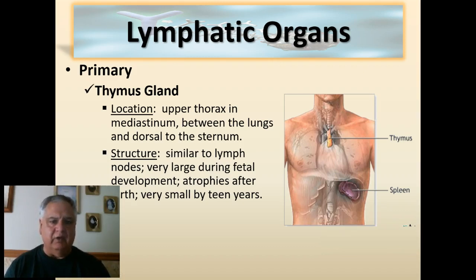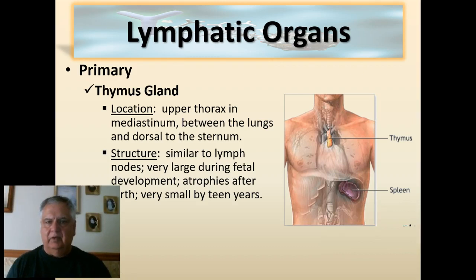That's because it's very active at that point in time, and T cells are maturing during fetal development. But after birth, the thymus gland tends to begin to atrophy, or shrink back in size. And by the time we hit our teen years, it tends to be very small.